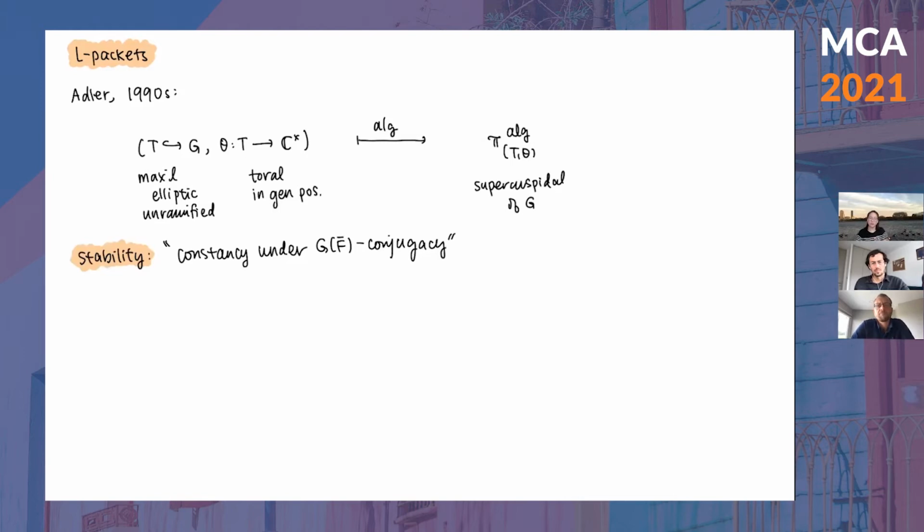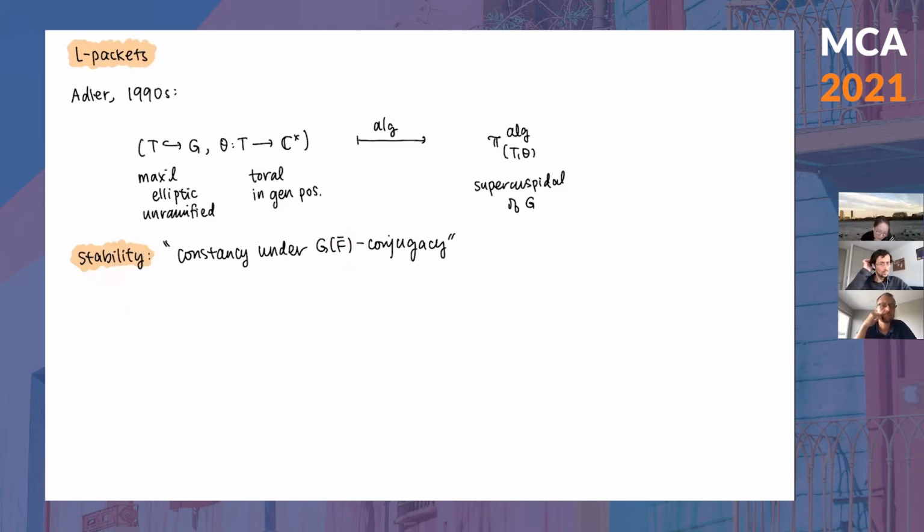And the property that I'd like to focus on is a notion of stability. The way to think about stability, coarsely, but this captures in some sense the essence, is some kind of constancy under conjugacy over the algebraic closure. So this is G of F bar, not just G of F, not just rational conjugacy, but conjugacy over the algebraic closure.